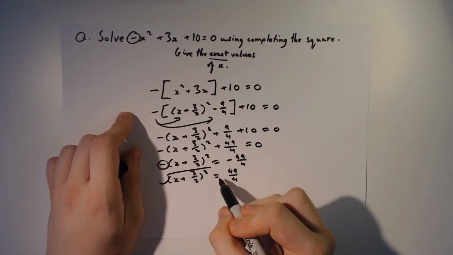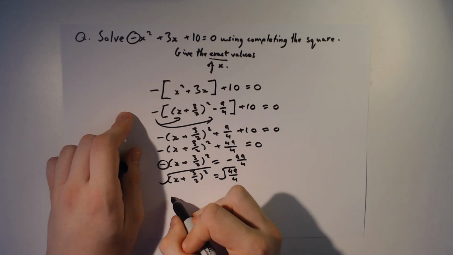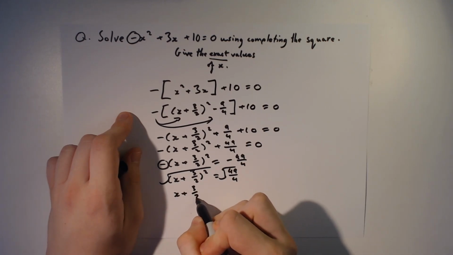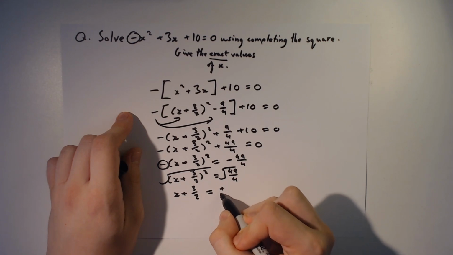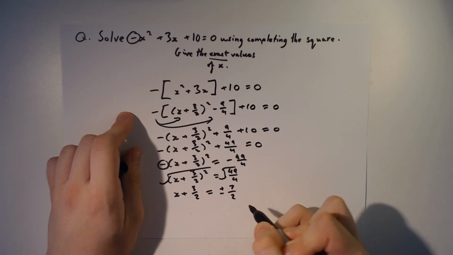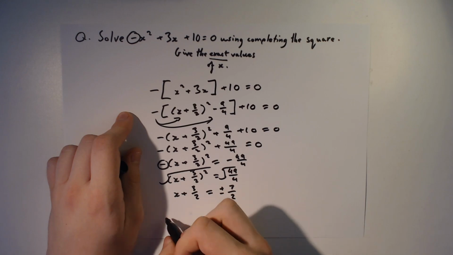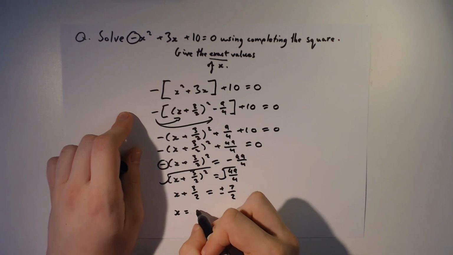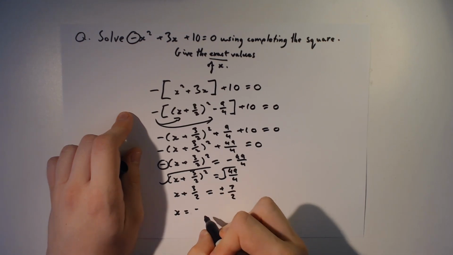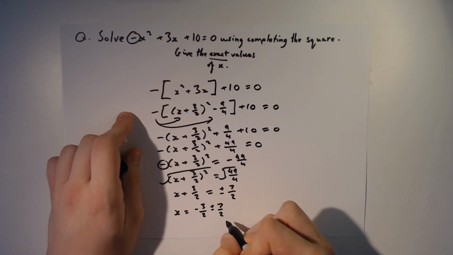Square root both sides to get x plus 3 over 2 equals plus or minus 7 over 2. And then finally subtract it all to get minus 3 over 2 plus or minus 7 over 2.